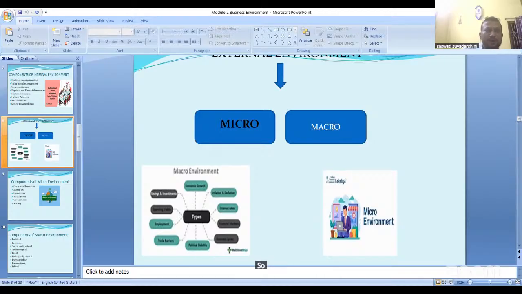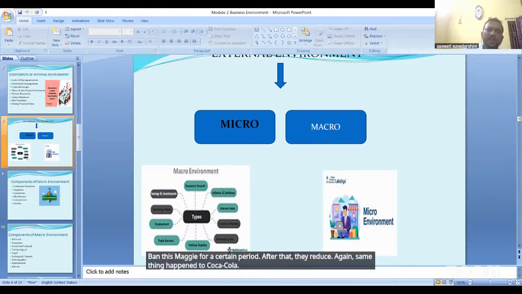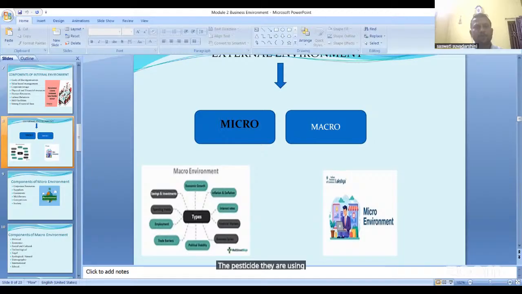Sometimes the quality control department of the government of India bans Maggi for a certain period. After that they reduce it. Again the same thing happened to Coca-Cola, the pesticide they are using. The government of India gave a deadline or guideline that this much pesticide you can use, and if you use more, then you will face legal problems.